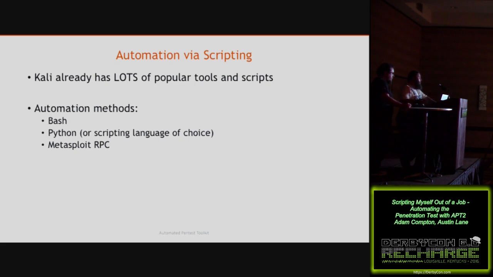So you want to automate some of your stuff. As Austin mentioned before, there's lots of different ways. You have Bash, you have any of your scripting languages. But also, keep in mind, a lot of these other tools have their own API interfaces. A lot of vulnerability scanners have RESTful APIs that you interface with. Metasploit has the MSGRPC interface you can use. Any number of other things.